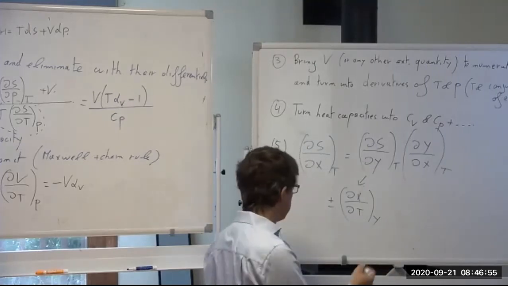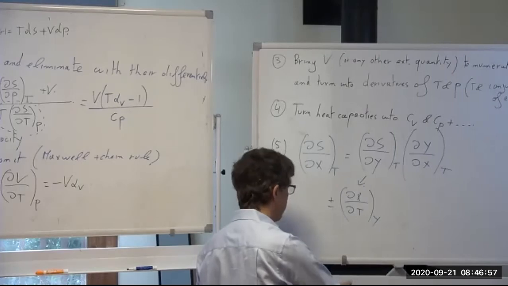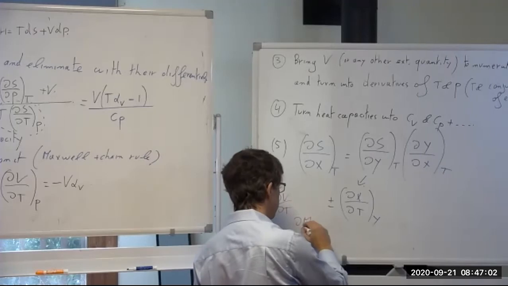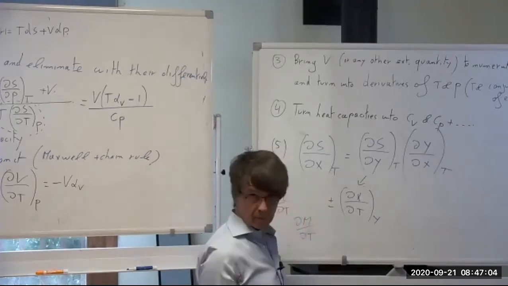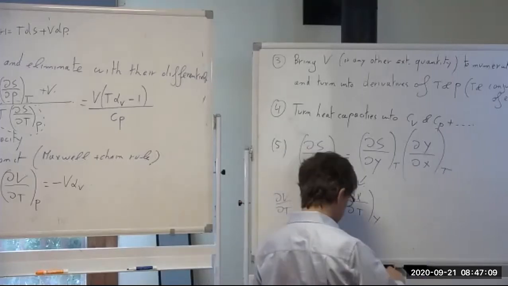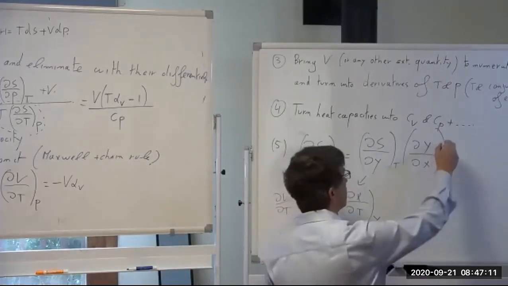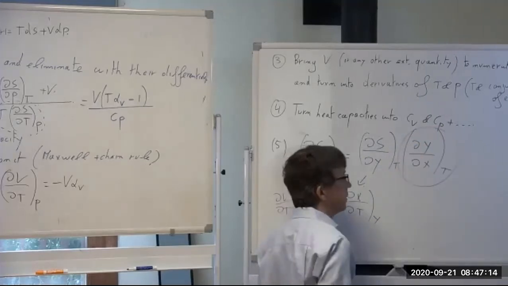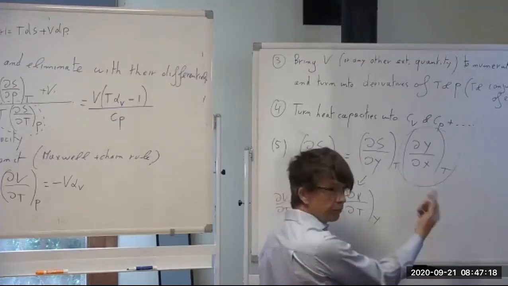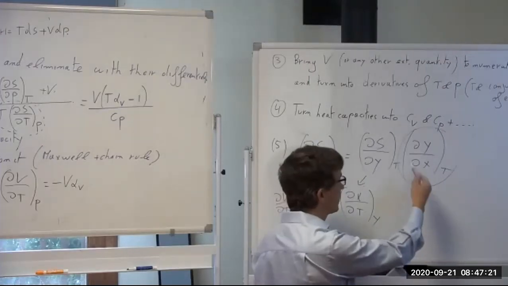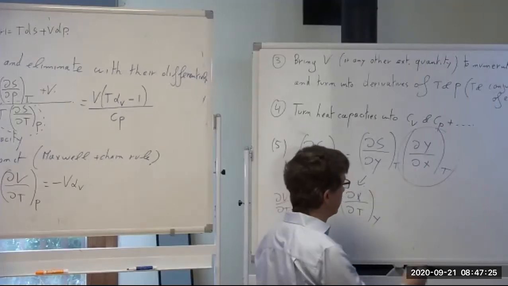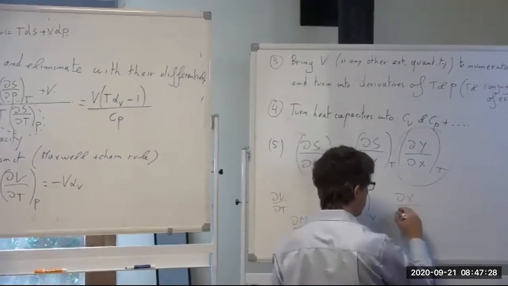Examples of this are dV/dT, dM/dT, things that are normally measurable. And then what is this other derivative? It's actually easier if you see it as dX/dY. So this derivative is also 1 over dX/dY. So what is dX/dY in general?